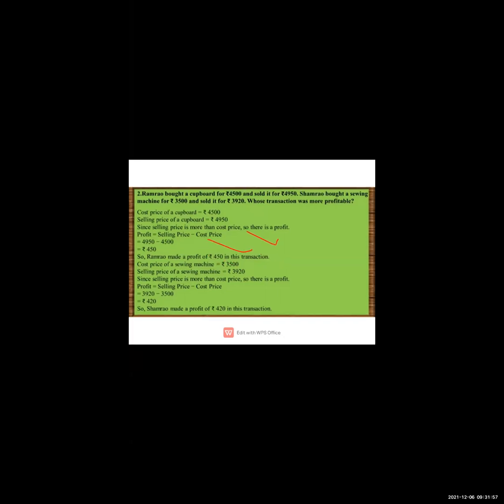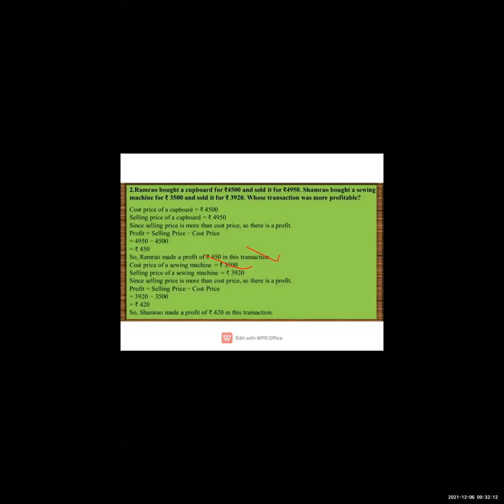Now we will see Shamrao's machine. What is the cost price of Shamrao's machine? That is 3,500. Now see, what is the selling price of the sewing machine?